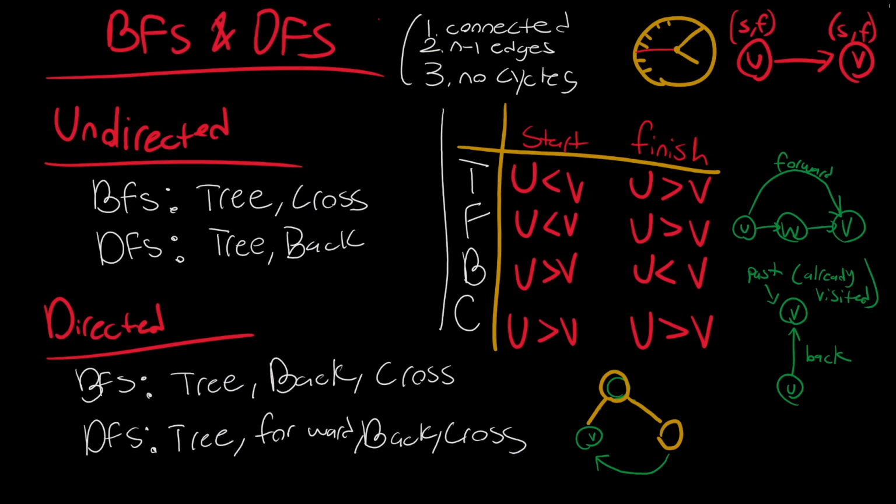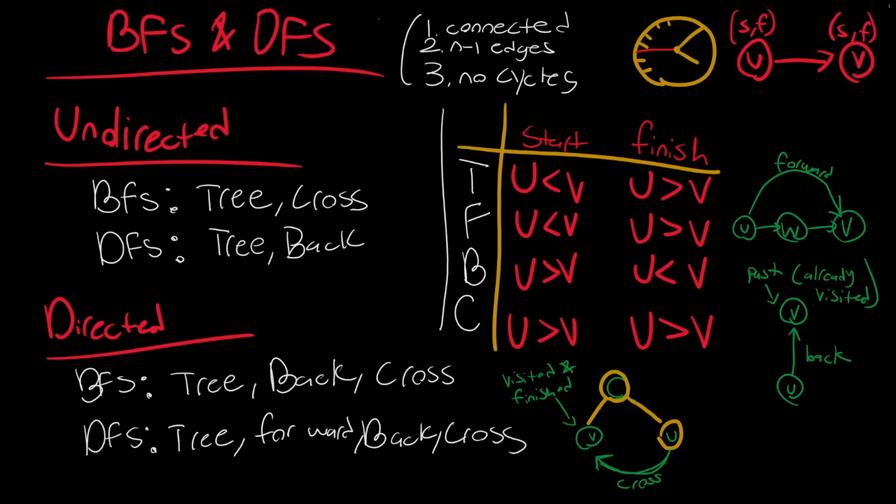This U here is going to something that's, this cross edge is not in the tree, but it's going to a node across a branch that has already been visited and finished. So it's all processed and done, but we're somehow just crossing over to some alternate timeline and saying, oh, I'm crossing over. So this is a cross edge.